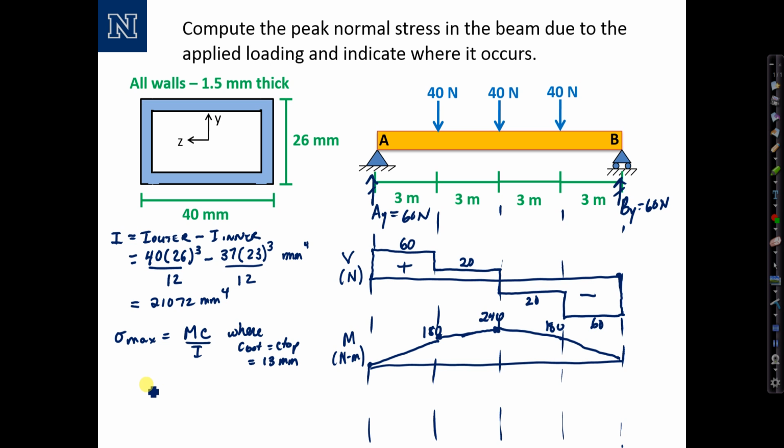Okay, so let's plug in the values. For the moment, we said the maximum moment, 240 Newton meters at the beginning, at the midpoint. I'm going to convert that to Newton millimeters by multiplying by 10 to the third.